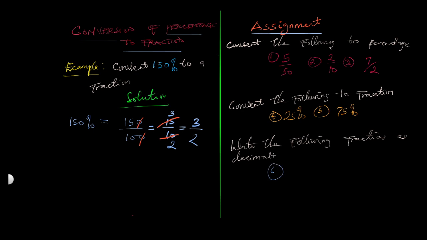And what we are asked to write as decimal, we have 2 over 3, and then number 7 we have 10 over 4.